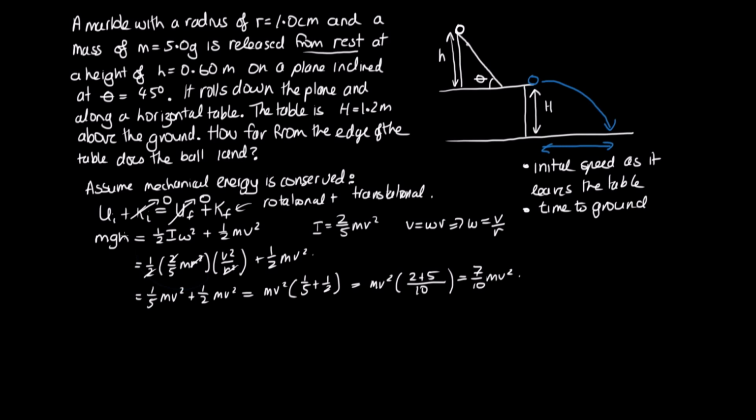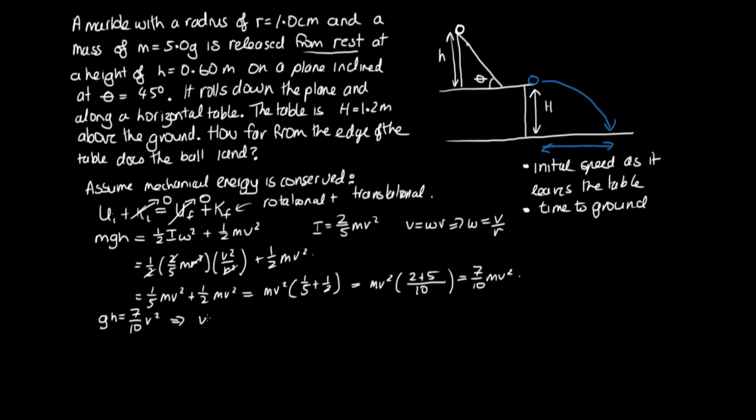We've got an m on both sides, so we can cancel that out, and we end up with gh is equal to 7 over 10 v squared, which we can rearrange to find v, because that's what we're trying to find, the speed as it leaves the table, which is the same as the speed at the bottom of the incline here.